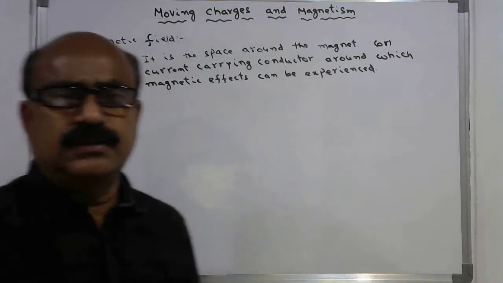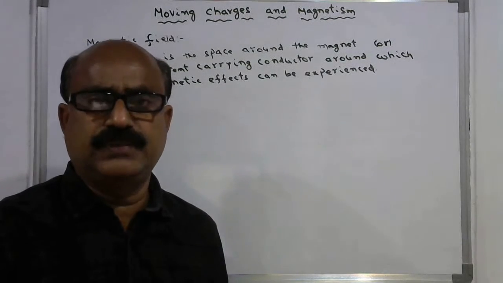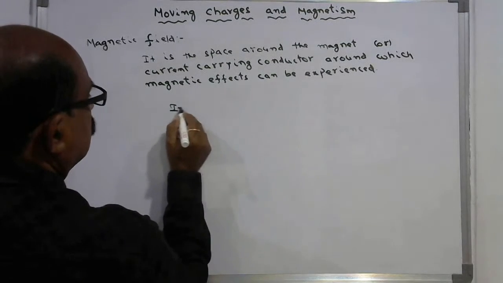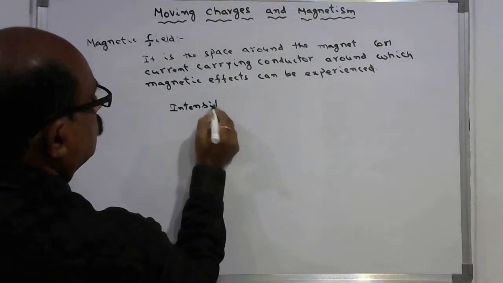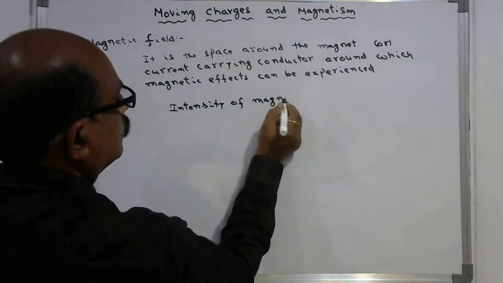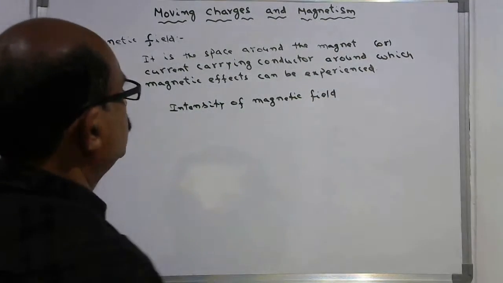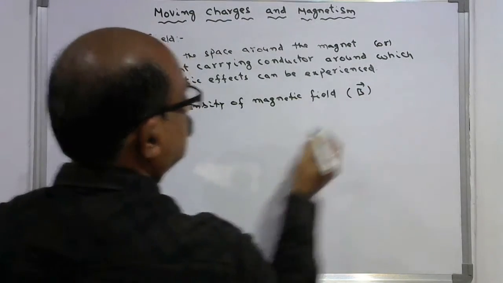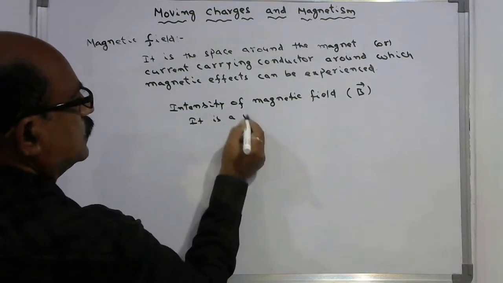We can represent this field with the intensity of magnetic field, which can be measured. The intensity of magnetic field is represented with B, and it is a vector quantity.